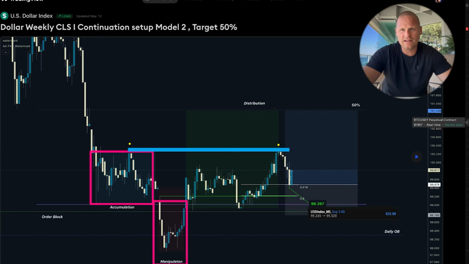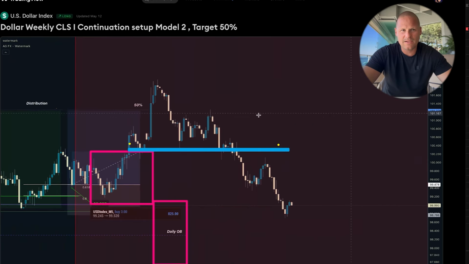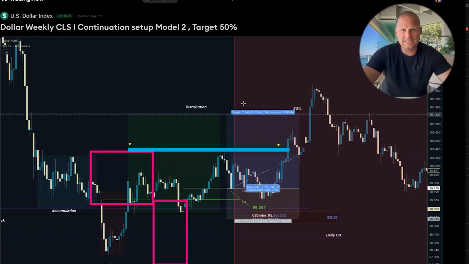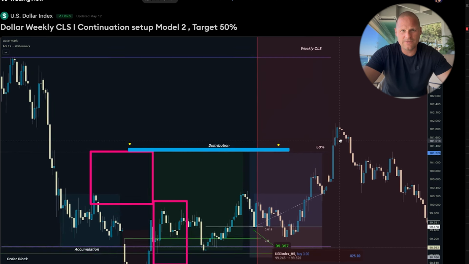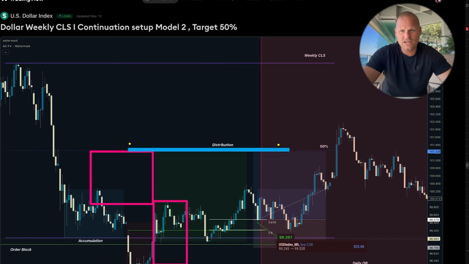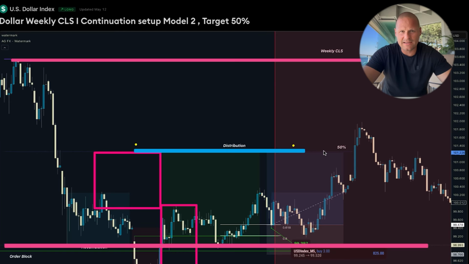So what's going to happen, it will be the exact opposite, right? So I have entered long in here and it went into here, right? So you can see the distribution phase, and at the 50% of that CLS range, price has reversed, right? So here we have this CLS range, right? And we're targeting a 50%, which is giving us a nice risk reward trade, right?